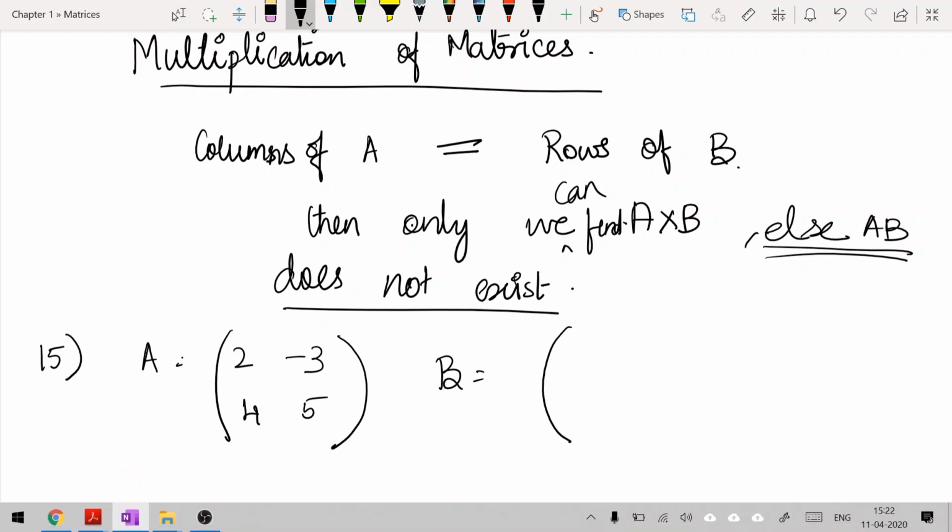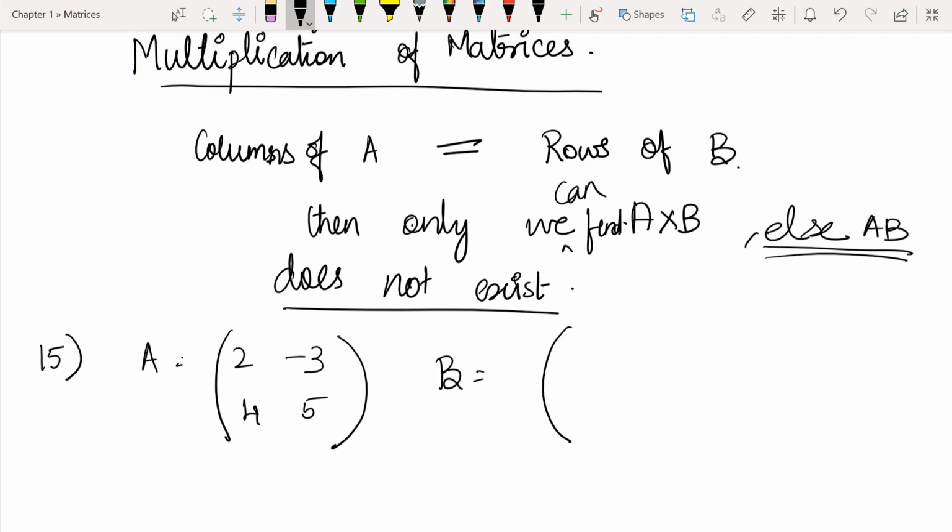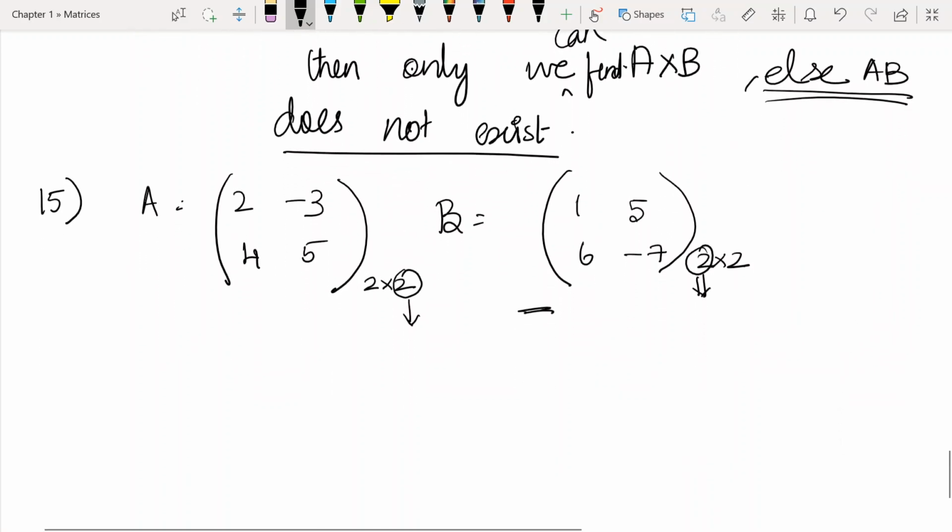B is 1, 5, 6 and minus 7. Now let me write the order of the matrix here: 2 by 2. So number of columns and number of rows are equal. Therefore we can find AB.